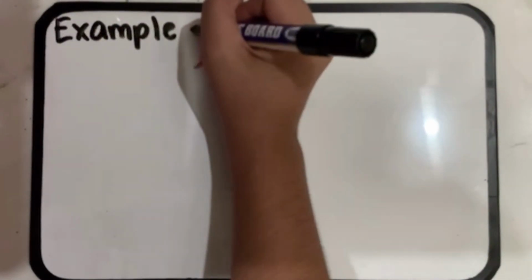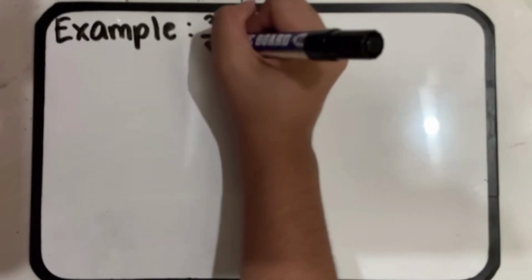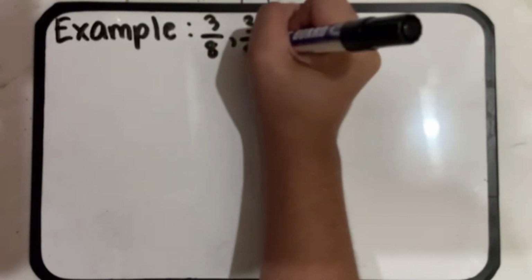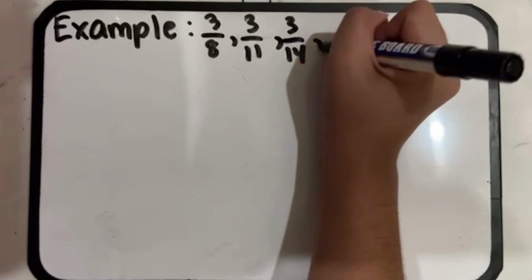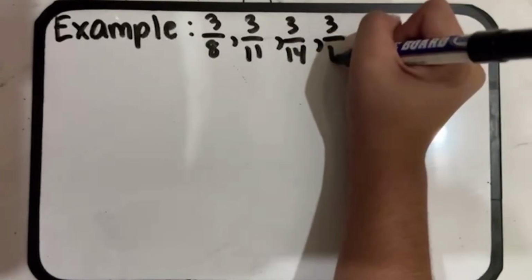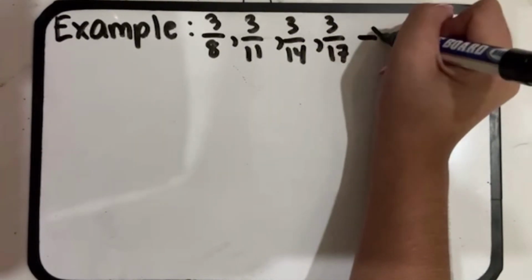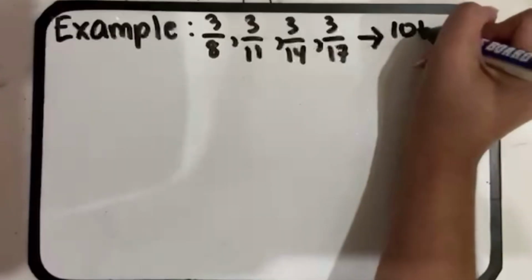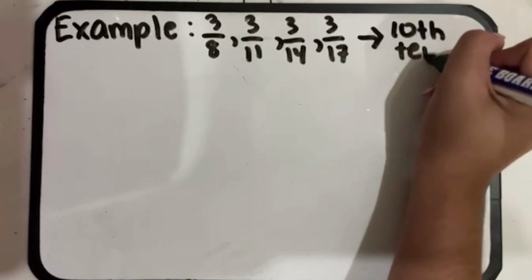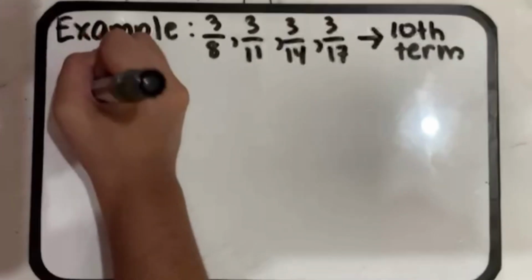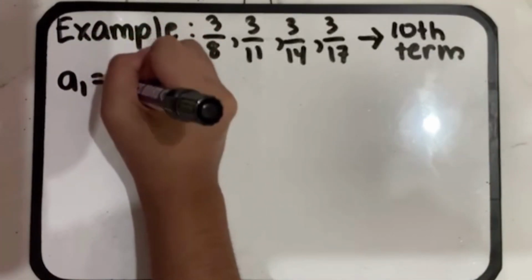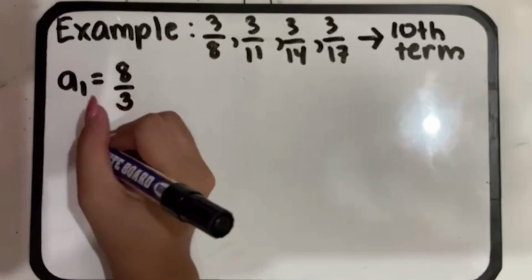For example, if our given is 3 over 8, 3 over 11, 3 over 14, and 3 over 17, and our n is 10, first, identify the first term, which is 3 over 8, and the difference.